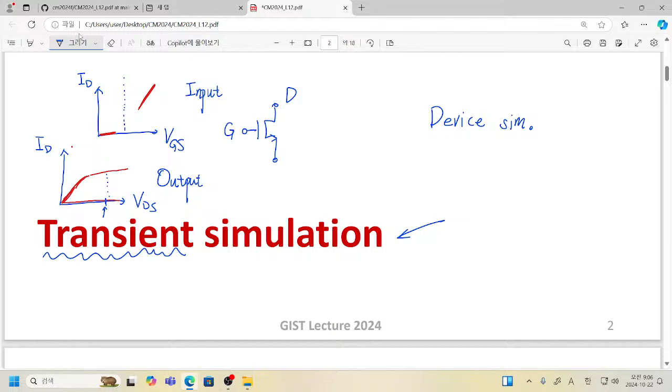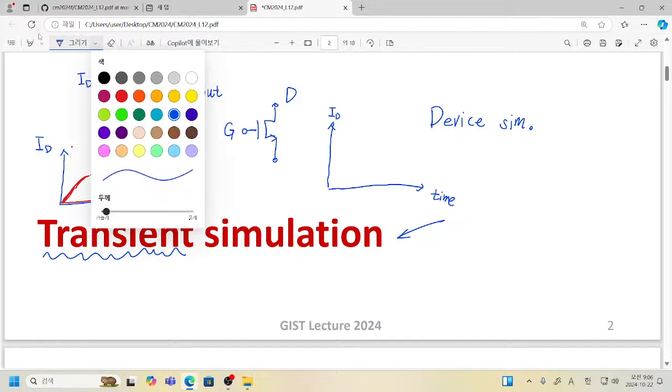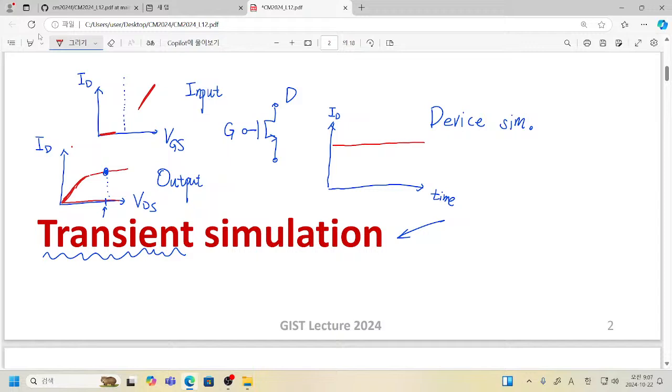After that your drain current will be averaged. So if we just observe our drain current as a function of time, what we expect from this situation is a certain level of drain current.